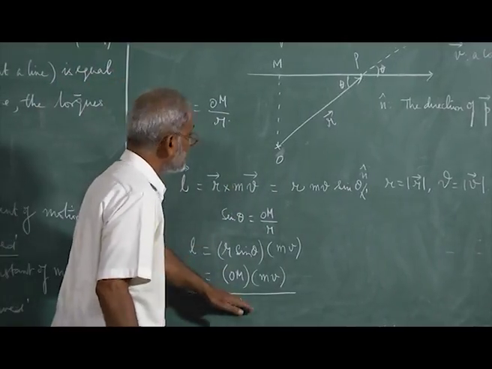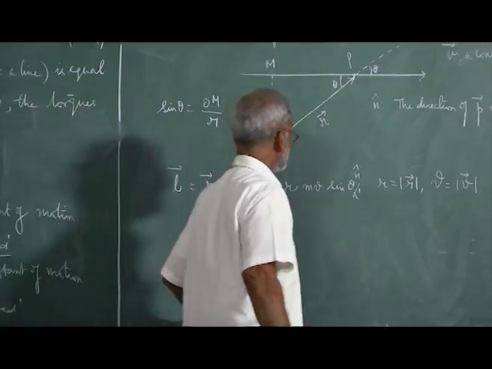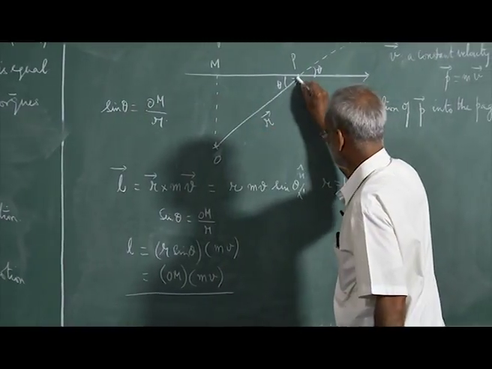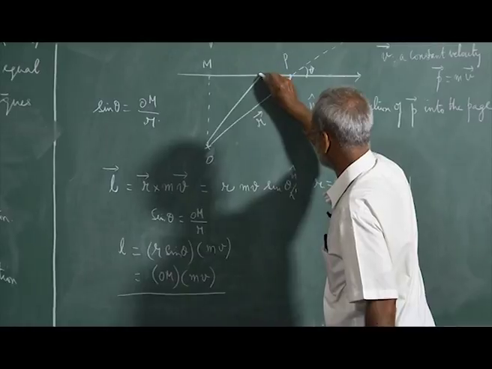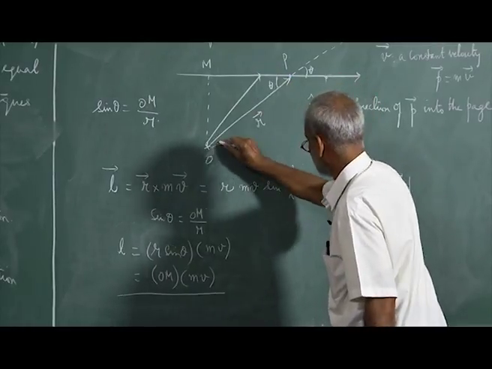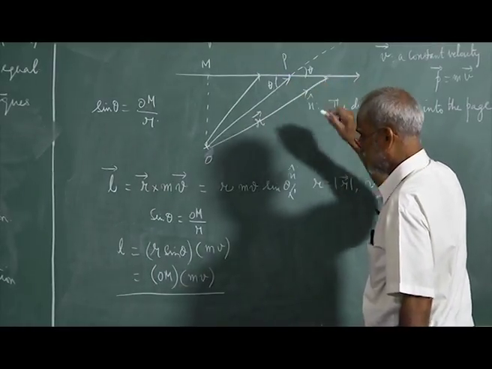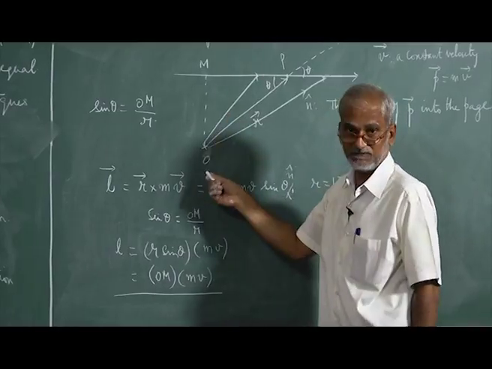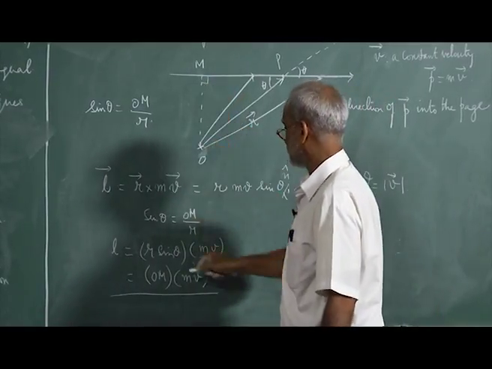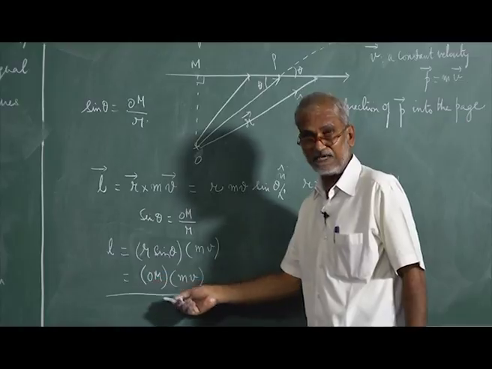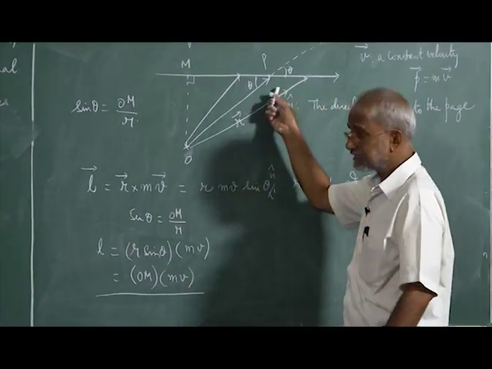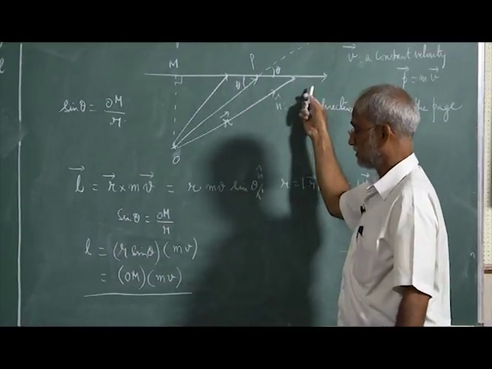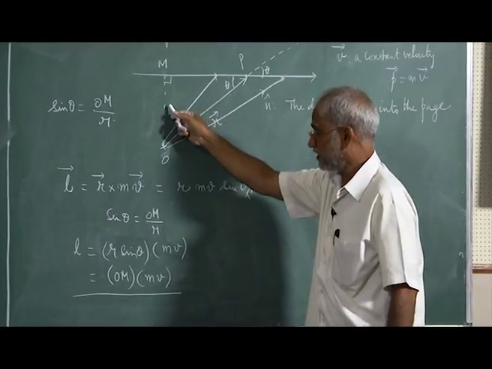So, from this you come to the conclusion, what is the conclusion? Whether the particle is here or here or here, it does not matter, it is always this distance Om when you calculate the magnitude of the orbital angular momentum. Theta will vary as it moves along, however, this Om is always the same.